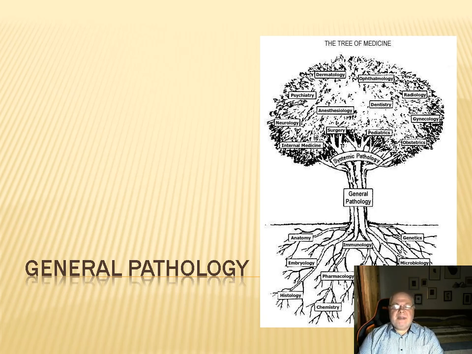General pathology is the link between all the preclinical disciplines like anatomy, immunology, genetics, embryology, histology, chemistry, biochemistry, and so on, and the clinical disciplines that we will start to learn about in the 4th year.